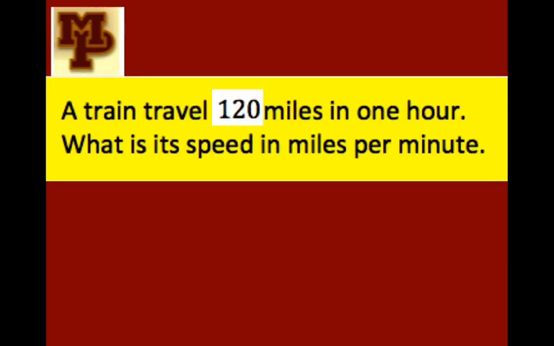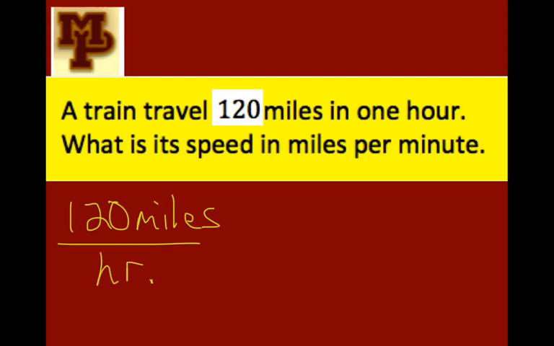Okay, let's see, this one here, we have a train that travels 120 miles in 1 hour. So 120 miles in 1 hour. And then we put the goal off to the right. So it looks like we want to go miles per minute.